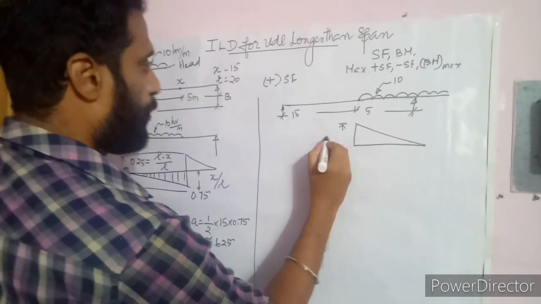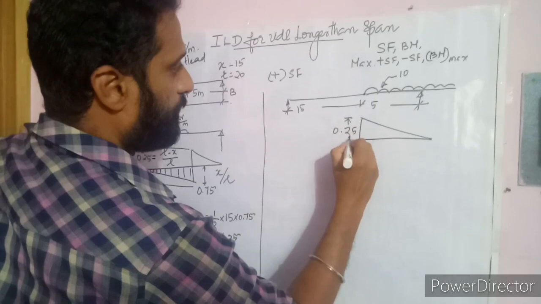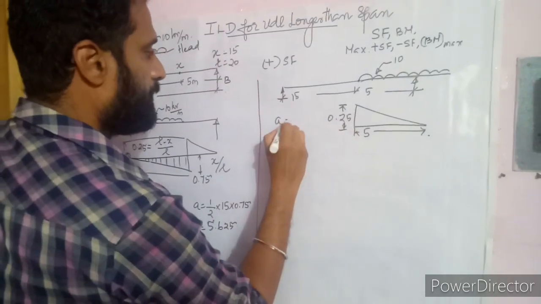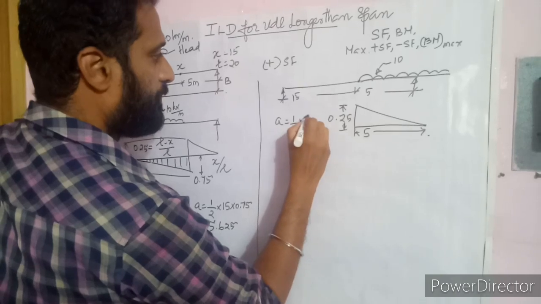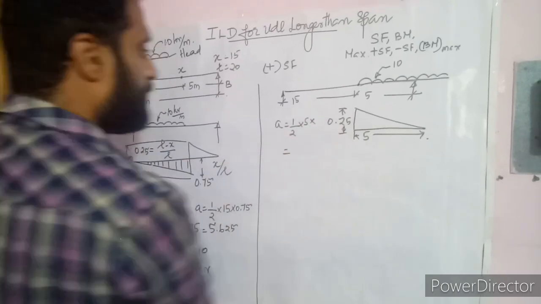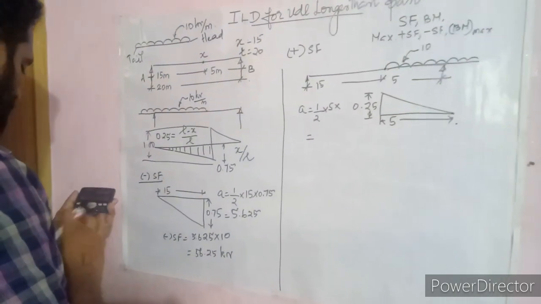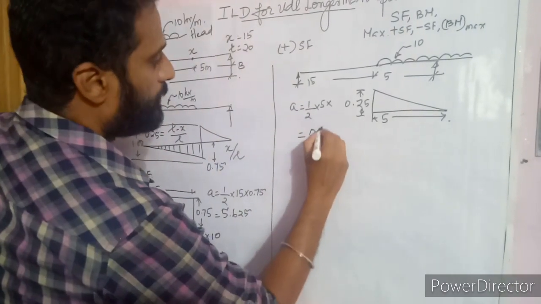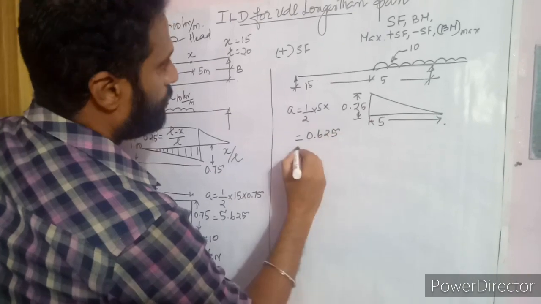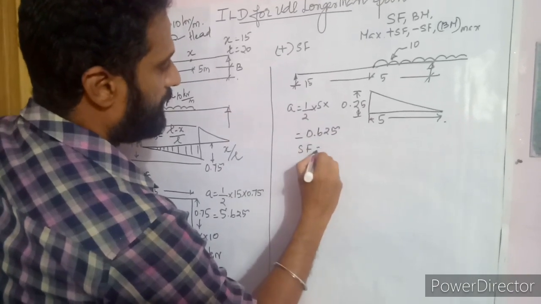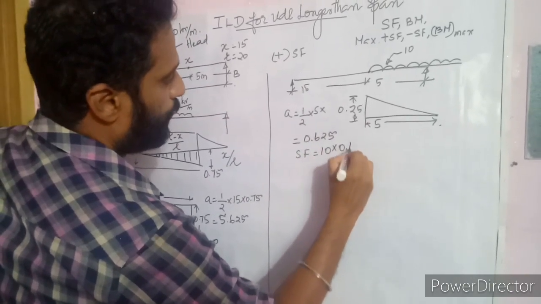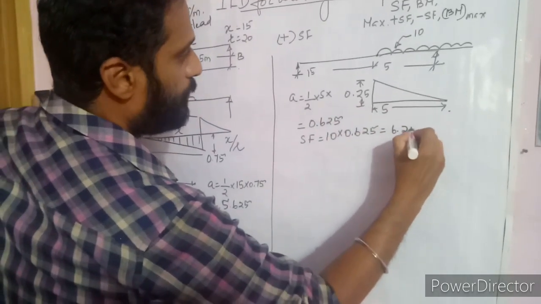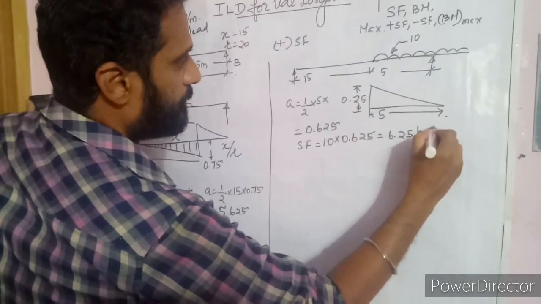The value is 0.25 and this length is 5. So the area is half into 5 into 0.25, which is 0.625. So the shear force will be intensity 10 into 0.625, which is equal to 6.25 kilonewtons.